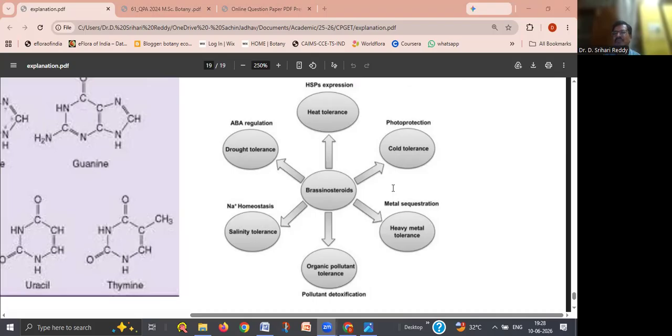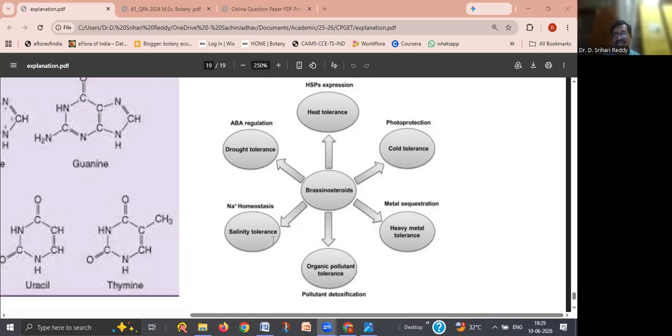Cold tolerance: if the temperature is very low, they can also survive. Then photoprotection, and metal sequestration: in the presence of heavy metals also they can grow, which is heavy metal tolerance. And organic pollutant tolerance: if there are organic pollutants they can survive.